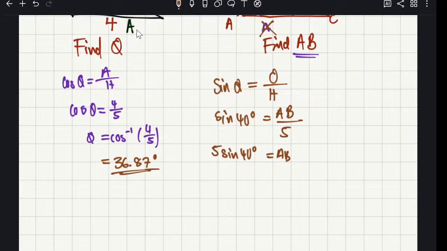What's 5 sine 40, students? Madichaba, what's 5 sine 40? Do you have 3 point? 3.21.